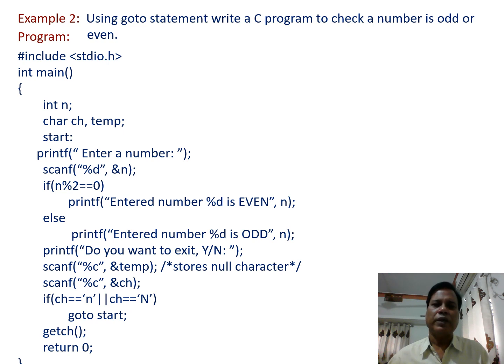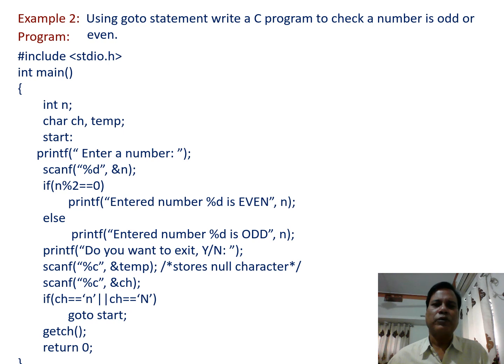Whenever an integer variable is taken in, there may be a null character present in the input, that is stored in the character variable. Then in the next if statement, if ch is equal to n or ch is equal to N, that is, whether a lowercase n or uppercase N, then goto start.